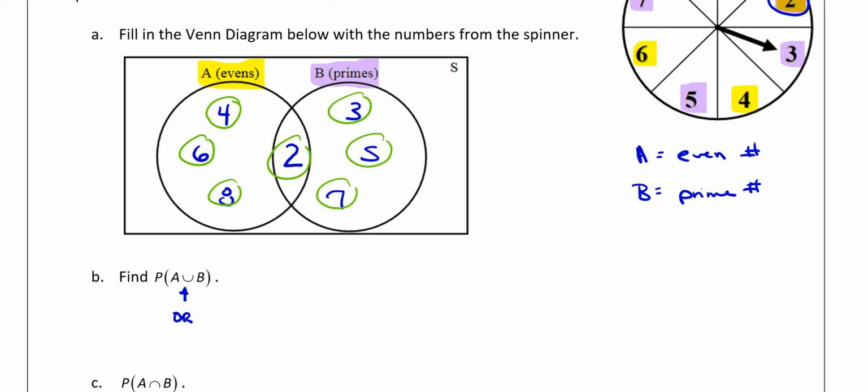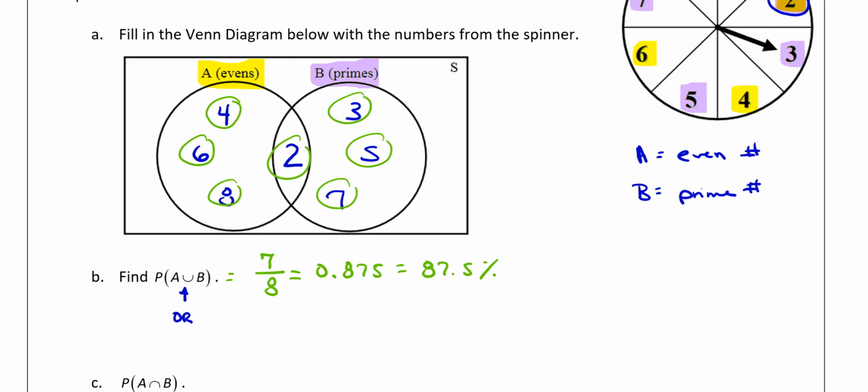So there are 7 opportunities to get an even or a prime. So we have 7 out of 8, which if you wanted the decimal, would be 0.875, or if you wanted the percent, that's 87.5%.